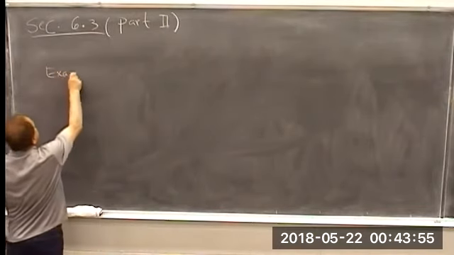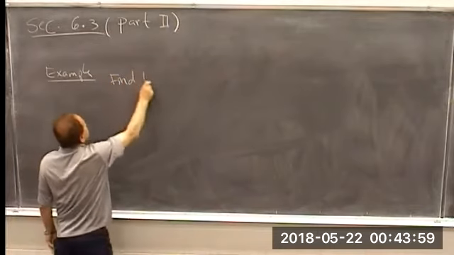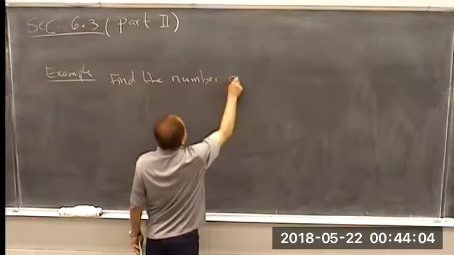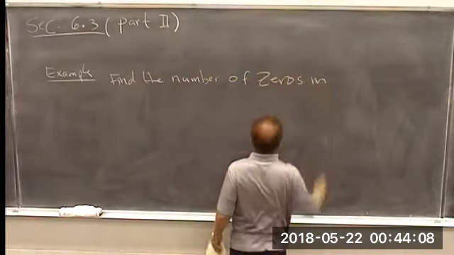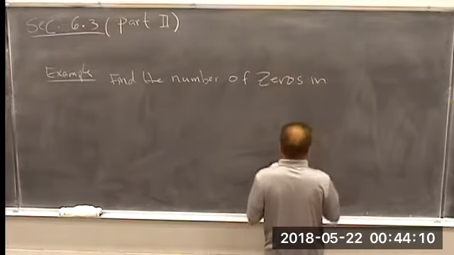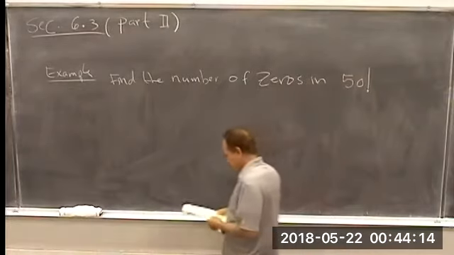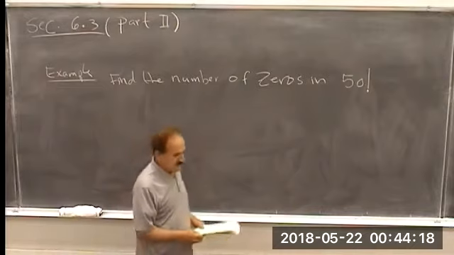Example: let's find the number of zeros in 50 factorial, in the decimal representation, of course, of 50 factorial.